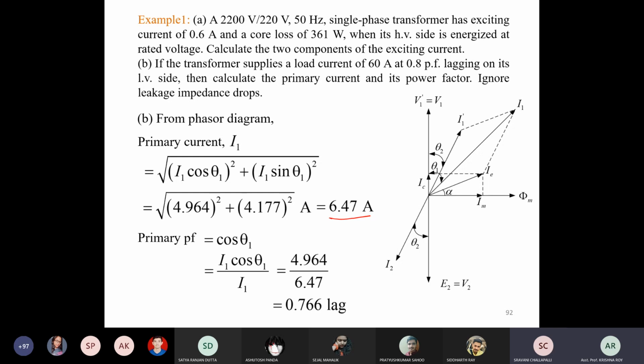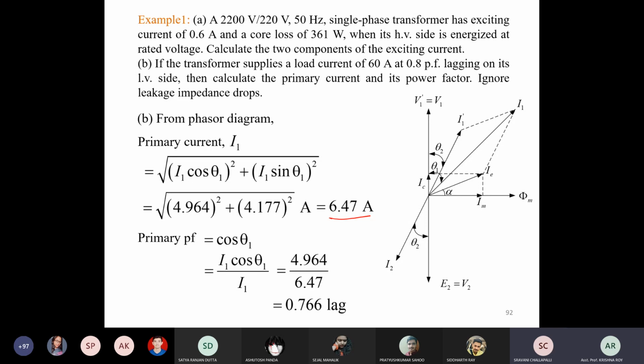So showing all these things, you must know how to draw the phasor diagram of a single phase transformer at no load, at lagging power factor load, unity power factor load and leading power factor load. After that, you have to know how those phasor diagrams can be modified for a given condition. Like in this problem, all the leakage impedance drops are neglected.